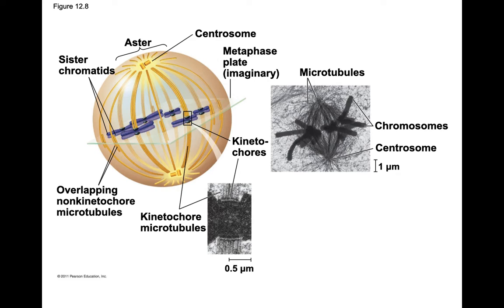So this is just another image showing how the microtubules attach to the chromosomes from the centrosome. And again, they're being attached at the kinetochore region in the middle of our sister chromatids.